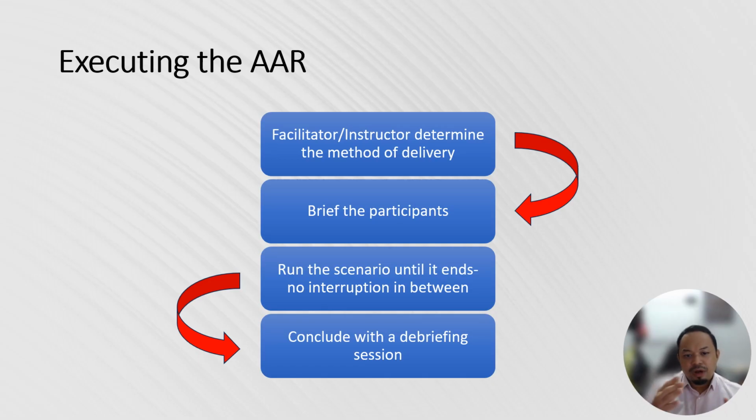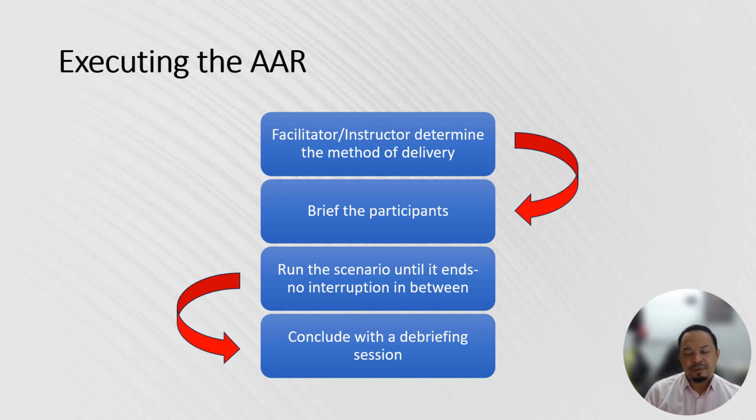Okay, so how are you going to execute the after action review? Step number one, the facilitator or instructor has to determine the method of delivery. This is right from the beginning, during the design of the simulation activity. You have to decide that in this cohort, in this module, I'm going to run it as after action review.